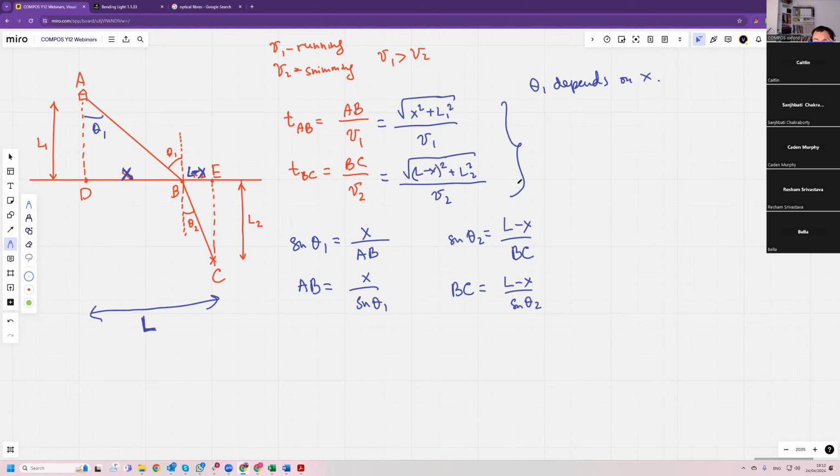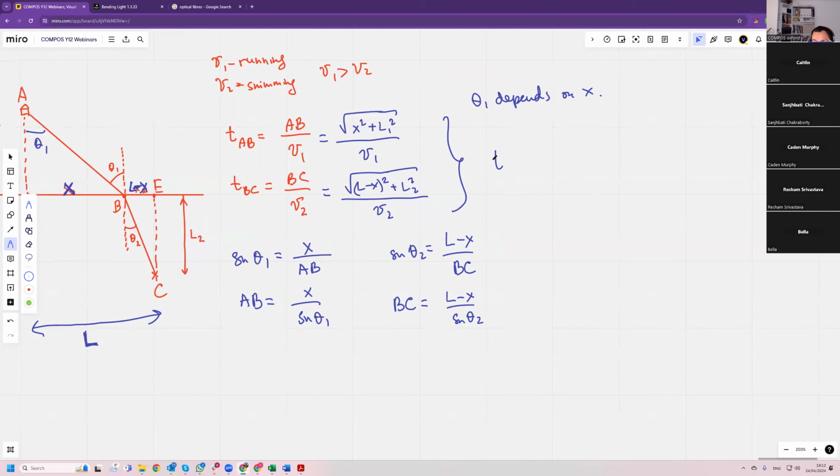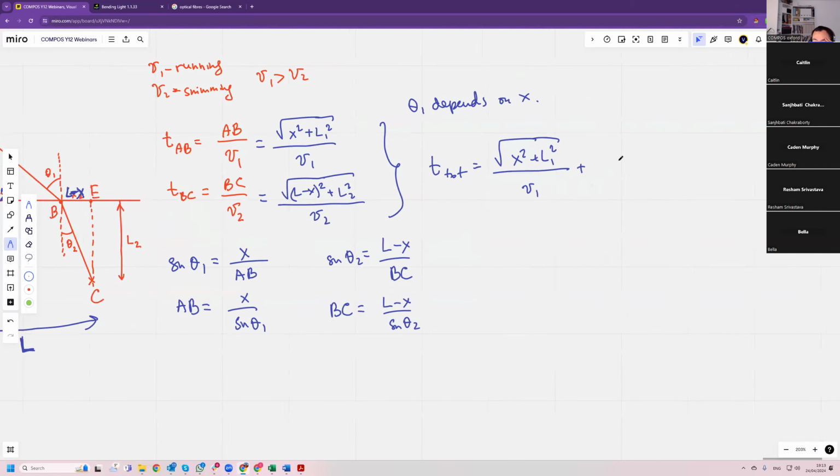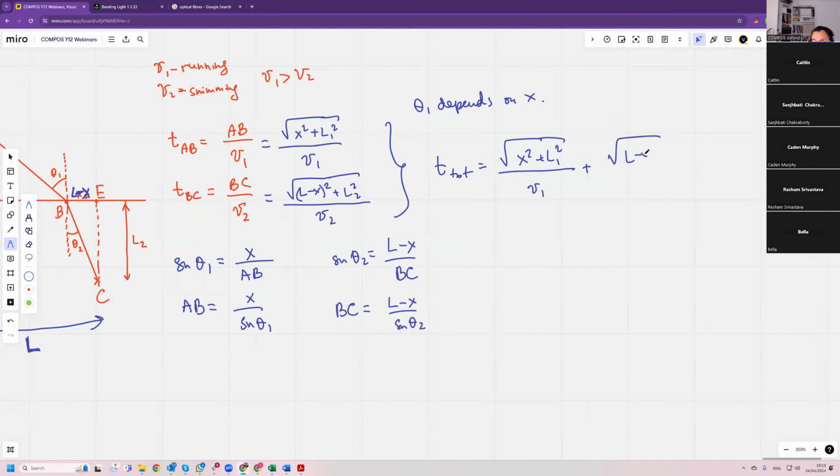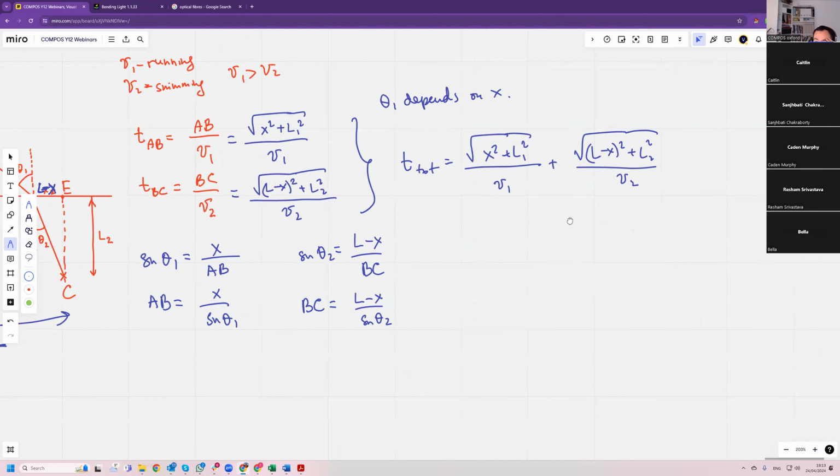And from here, the total time is square root of X squared plus L1 squared over V1 plus square root of (L minus X) squared plus L2 squared over V2.